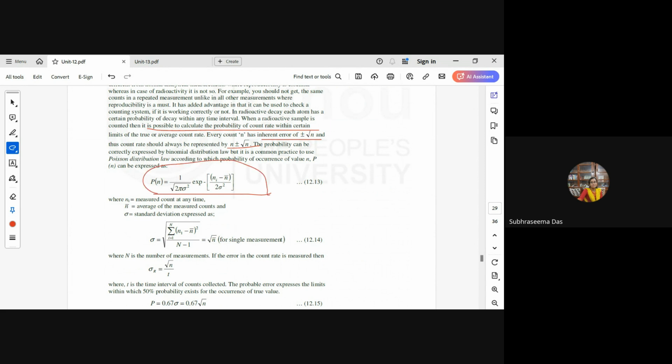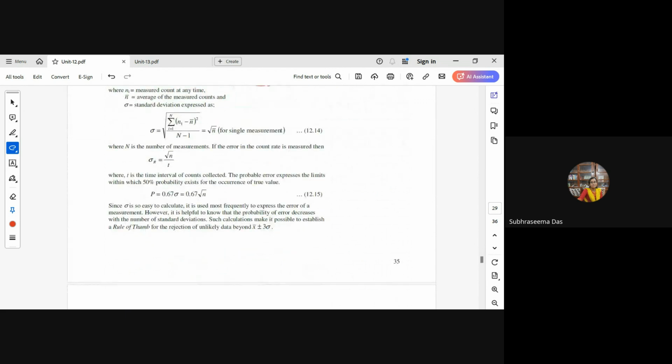This law gives the probability of the errors in the instrument. The probable error expresses the limits within 50% probability, and is given by P equal to 0.67 sigma, which is equal to 0.67 root n. Now the calculation of sigma is easy.